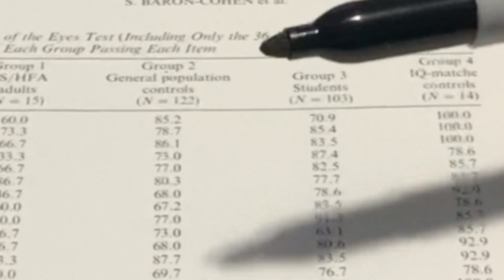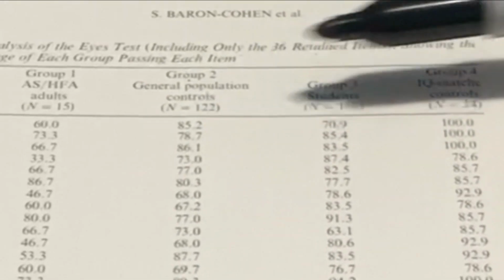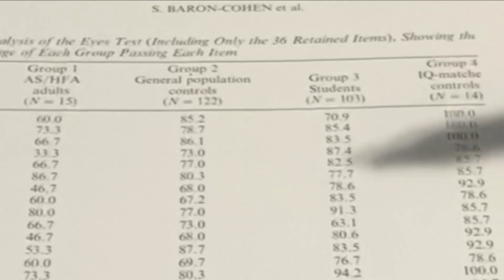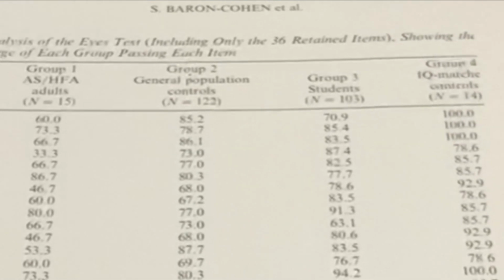My guess is because this has less people, so there were just higher scores, and these are larger samples. But relative to the AS/HFA group, these groups scored way higher, which reflected their increased ability to have theory of mind, and it also showed how group 1, the AS/HFA group, were impaired.